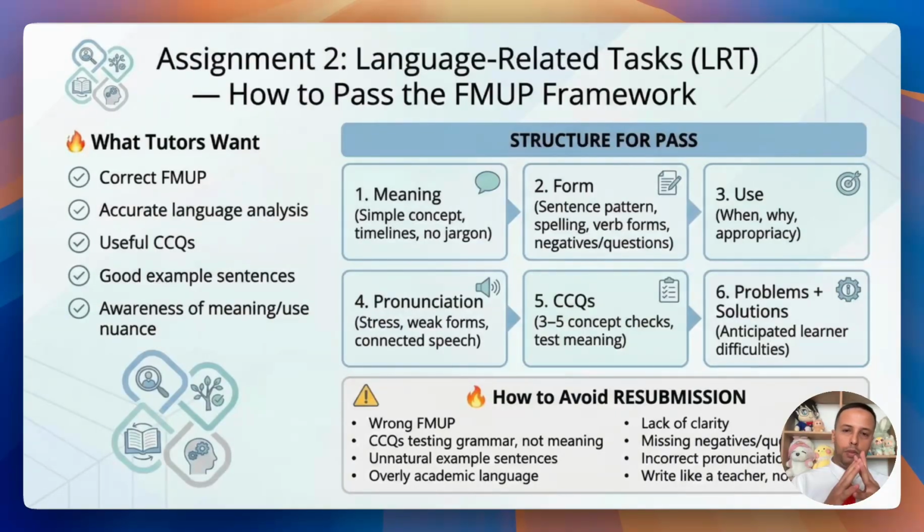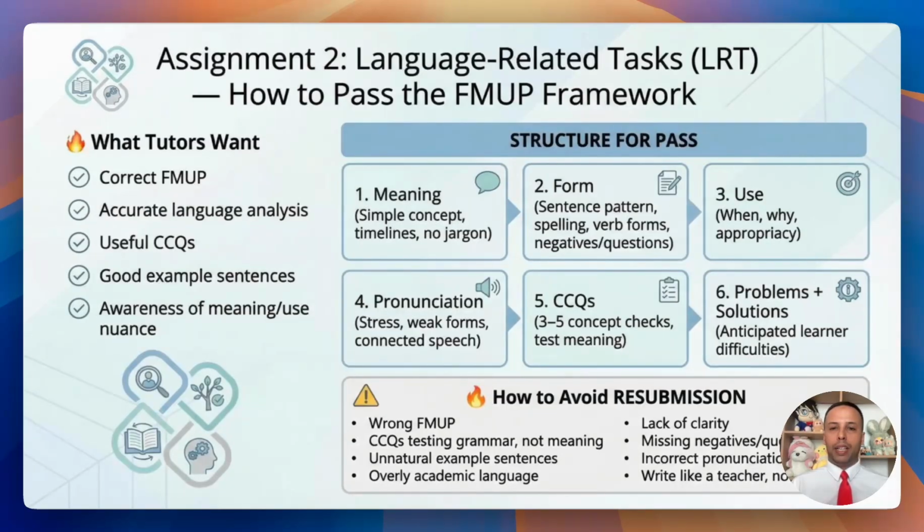For example, if you give this CCQ, this is not a good CCQ. But instead, did this happen in the past? So this is a good CCQ. Unnatural example sentences. For example, the cat sat on the mat. This is not helpful. So create realistic context.